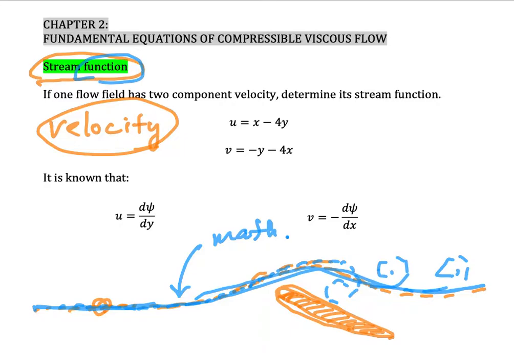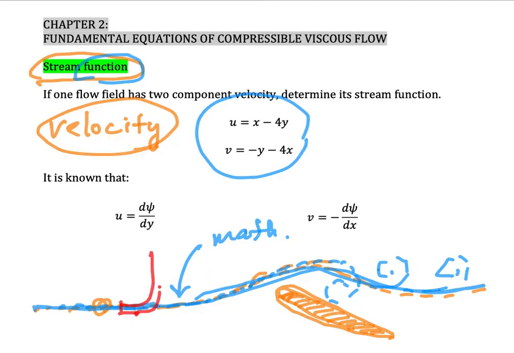To develop the stream function, we start with the component velocity because this is the simplest way, and then it can be validated with the real situation. We could validate by using the idea of a pitot tube, for example. We put our pitot tube here.